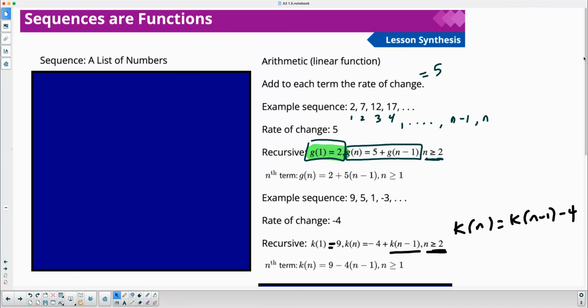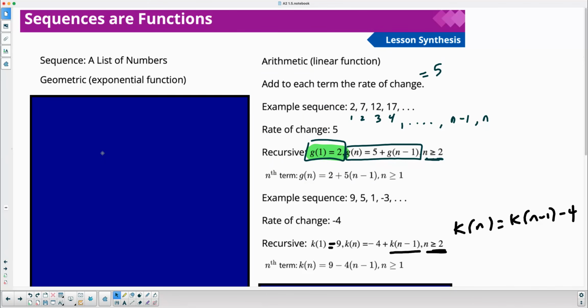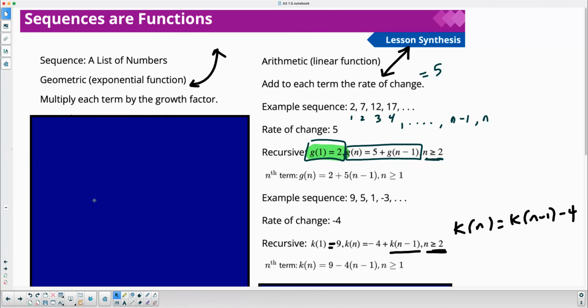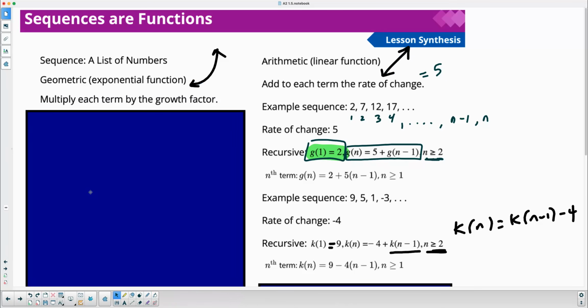Let's take a look at a geometric sequence. Geometric forms an exponential function, meaning that your function will look like this instead of a line. And linear functions form a straight line. So we're going to multiply. This happens when we multiply.